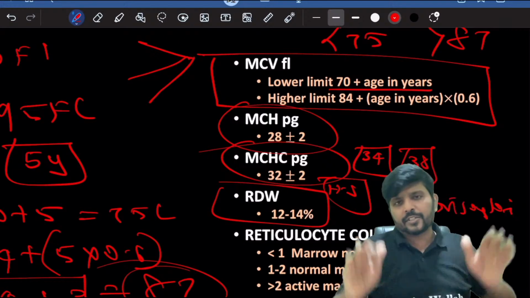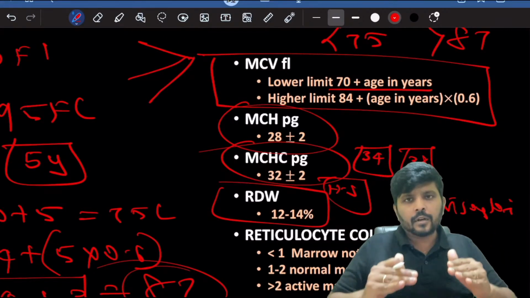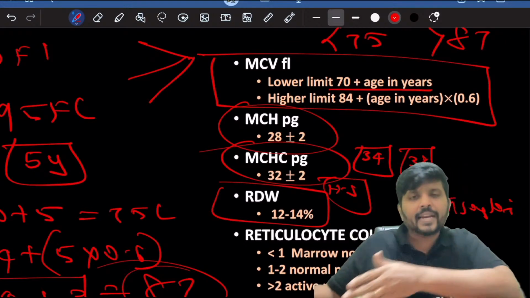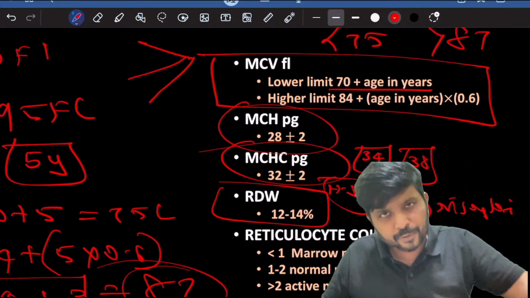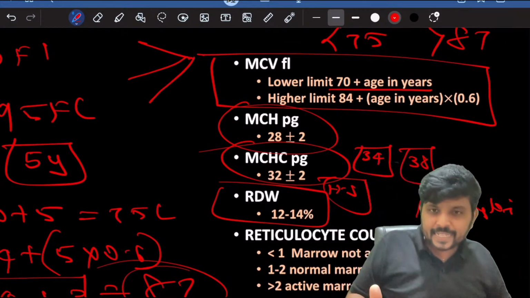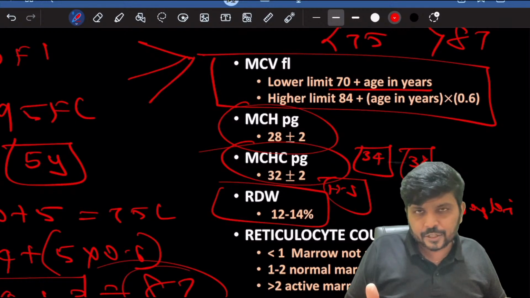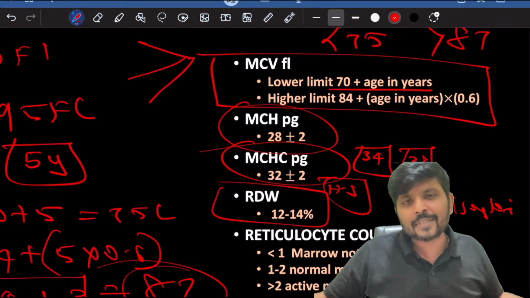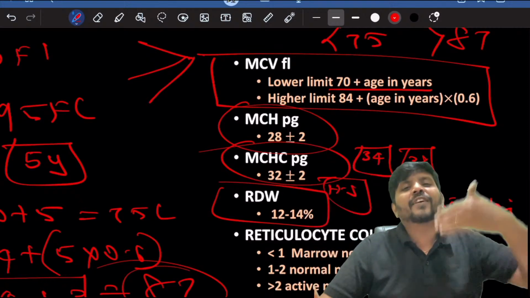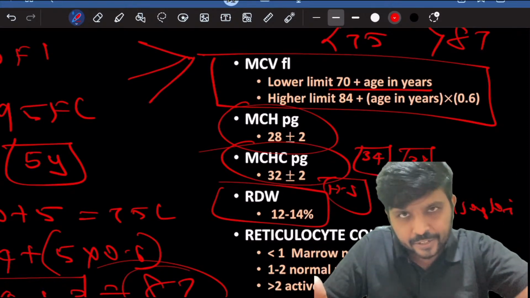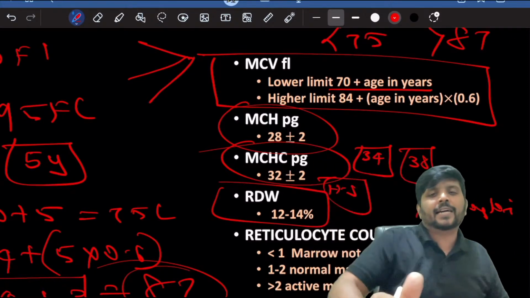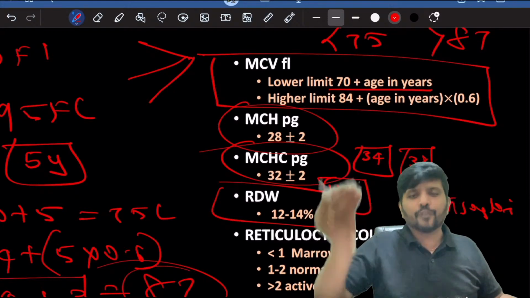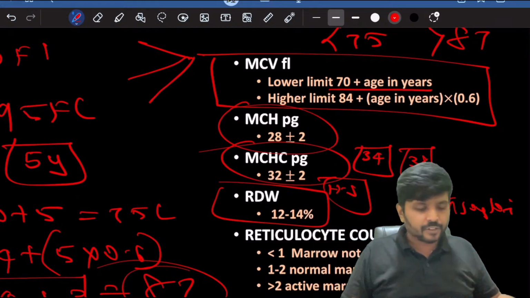A normal red cell distribution width for general practice, let me say, is 15. More than 15 means the red cell distribution width is high. Less than 15 means it is low. A high RDW means more differences in sizes of RBCs. That usually occurs in nutritional anemia due to iron deficiency, folate deficiency, and B12 deficiency.